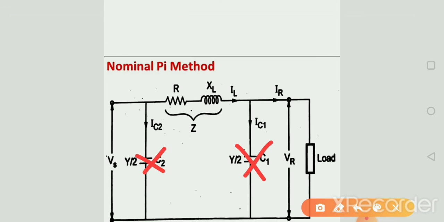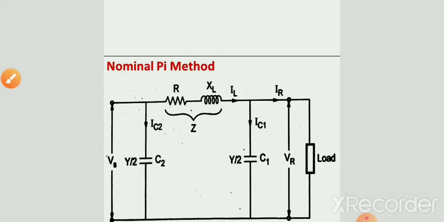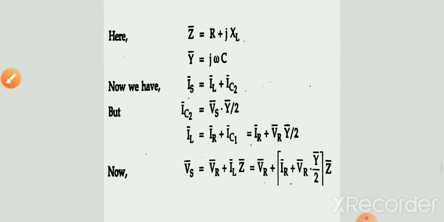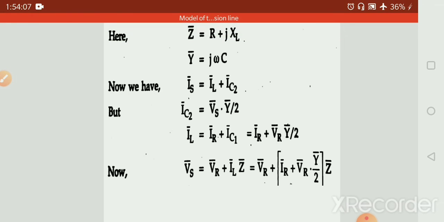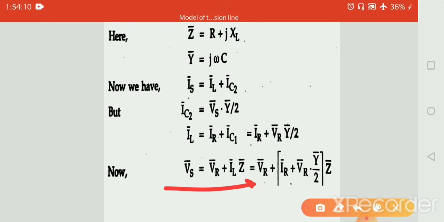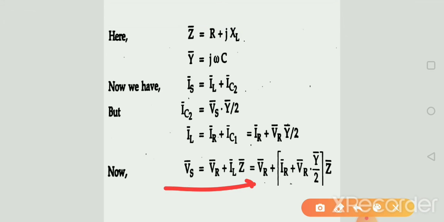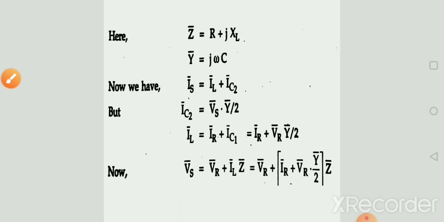Then we can write the equation Vs minus Z into IL minus VR equals 0. So Vs equals VR plus IL into Z. We put here the value of IL, which is IR plus VR into Y by 2, into Z.